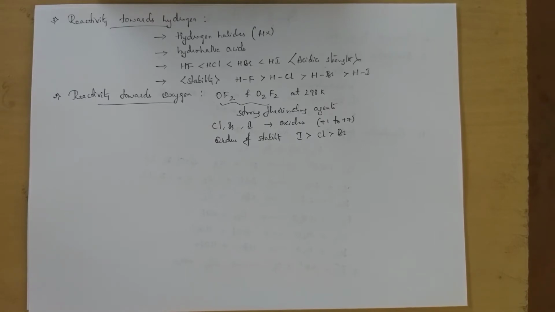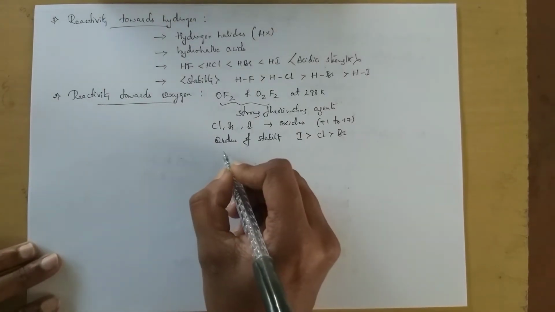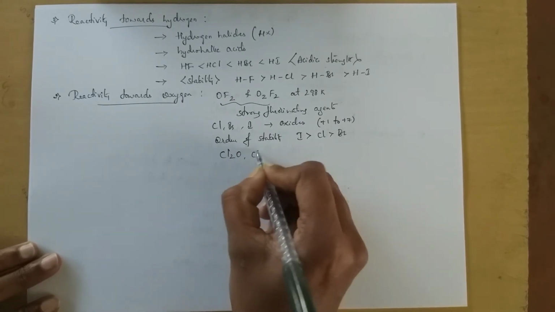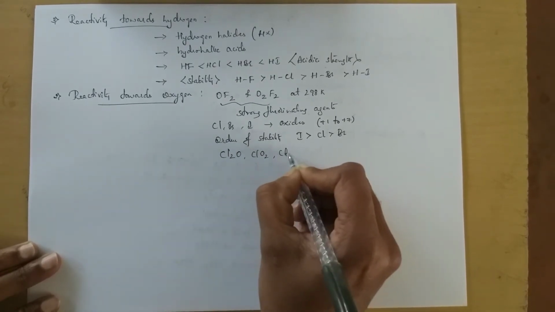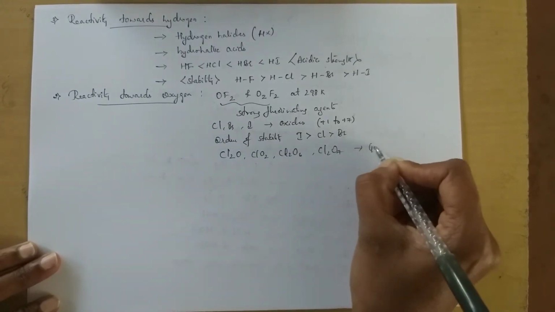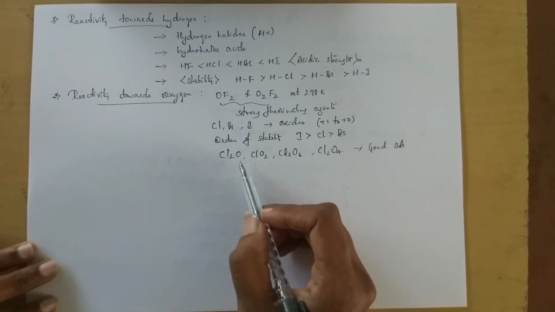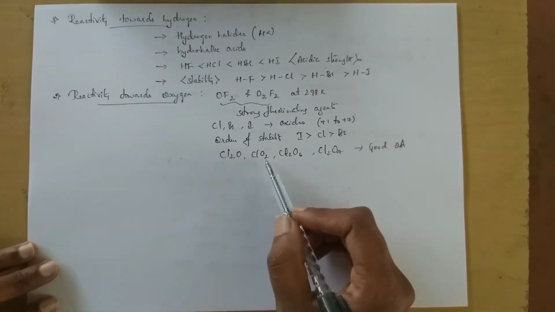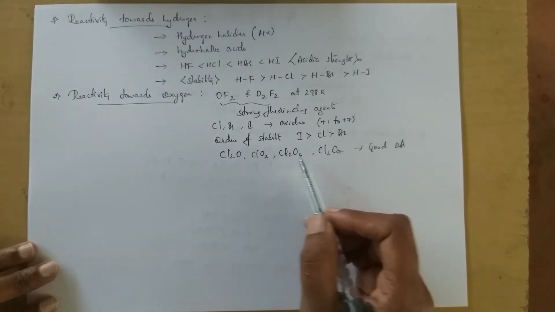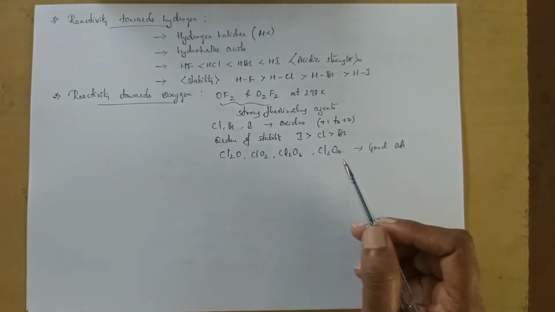Then the chlorine oxides Cl2O, ClO2, Cl2O6 and Cl2O7 are highly reactive, good oxidizing agents.